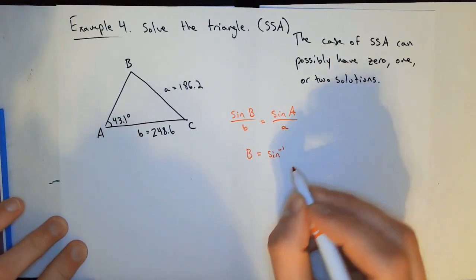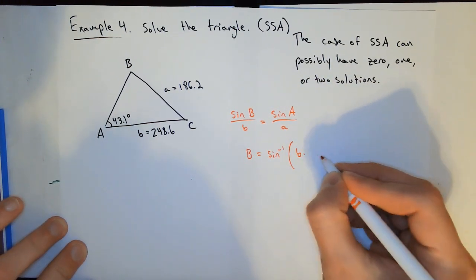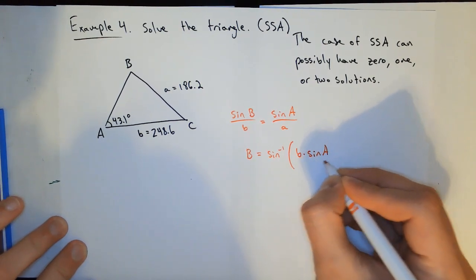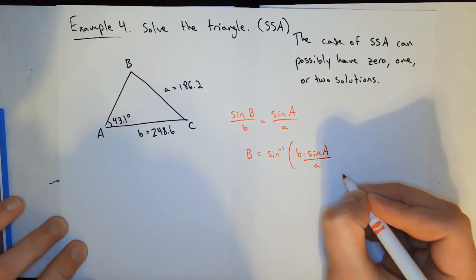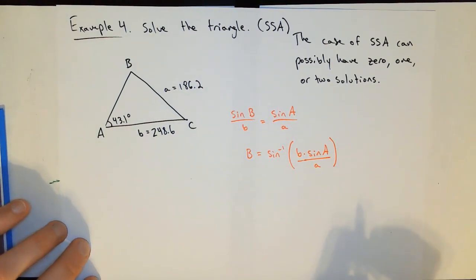I'll multiply by b and then take sine inverse, so it'll be b times sine of A over little a. Can put it all over one fraction there.